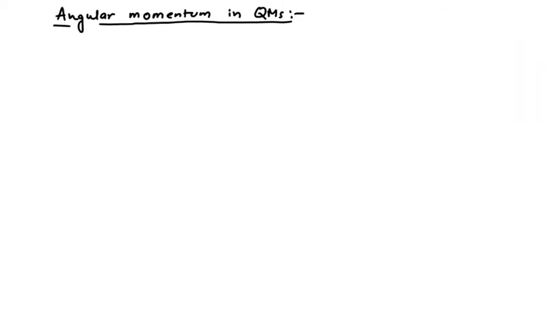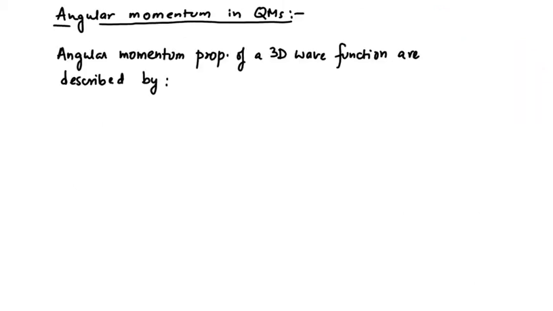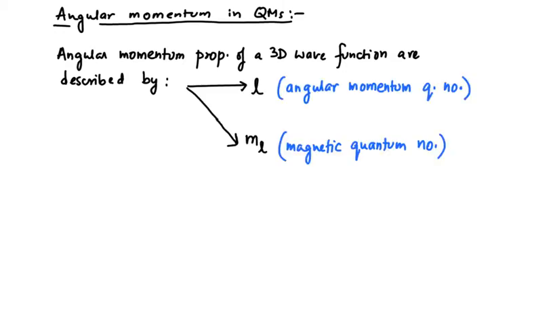Quantum mechanics gives us a very different view of angular momentum. Angular momentum properties of a three-dimensional wave function are described by two quantities. One is L, which is the angular momentum quantum number. Another is m subscript L, which is the magnetic quantum number.